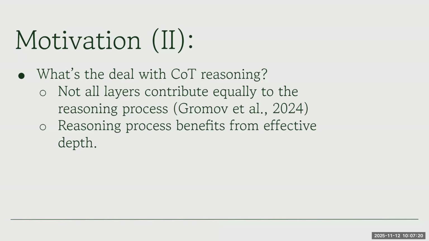Effective depth is just, in a single forward pass, how many transformer blocks does the residual stream have to go through and get processed by? That's how effective depth is defined in this paper. So from this point of view, the authors explored the functional role of different layers in reasoning models.